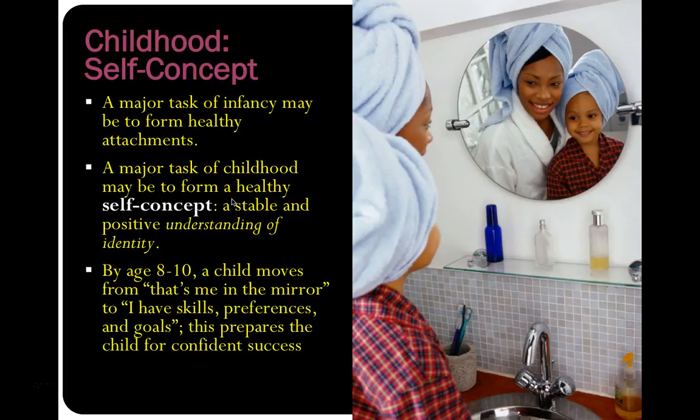By age 8 to 10, a child moves from, hey, that's me in the mirror, to I have skills, I have preferences, I have goals. Kind of an identity. It's not just, that's me, okay? That's me and I am. And this prepares the child for confident success. So self-concept really starts appearing in those middle years of childhood.